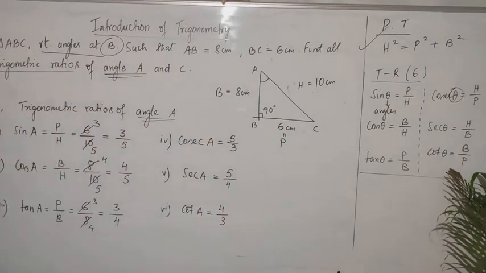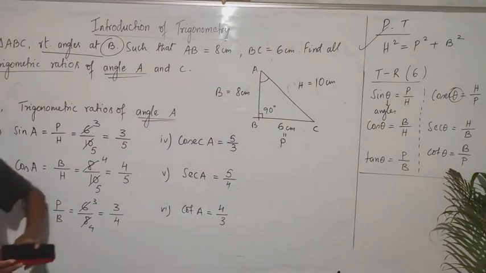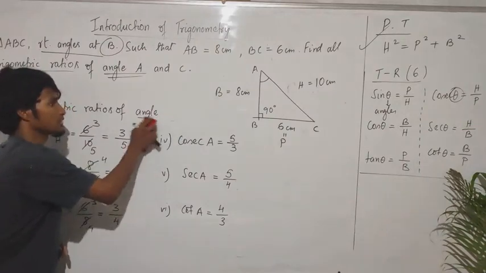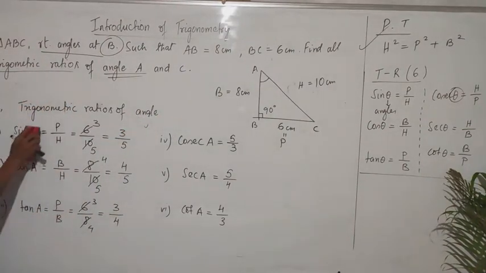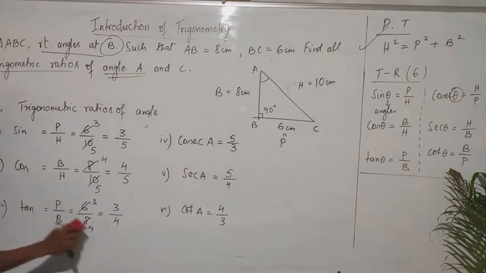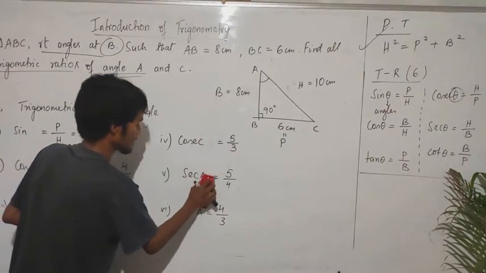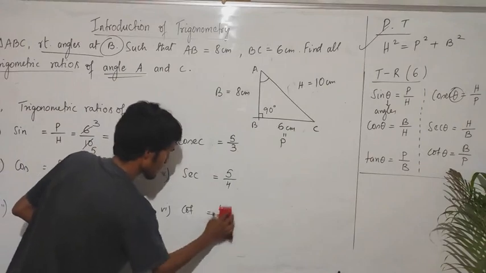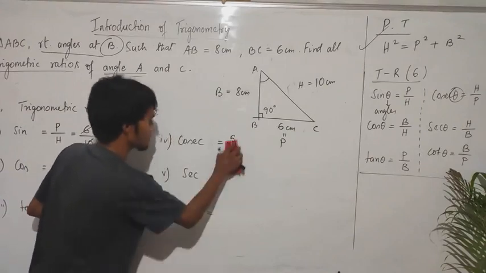Okay. Then now we come to the next, trigonometric ratios of angle C. Then I'll change here with C. I'll change all this. All this. Then this one will also get changed.